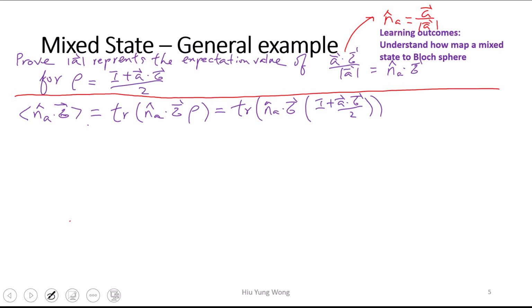So I will continue to do this. This is just equal to the trace of, just do multiplication, NA dot sigma plus 1 over 2 NA dot sigma times A dot sigma.